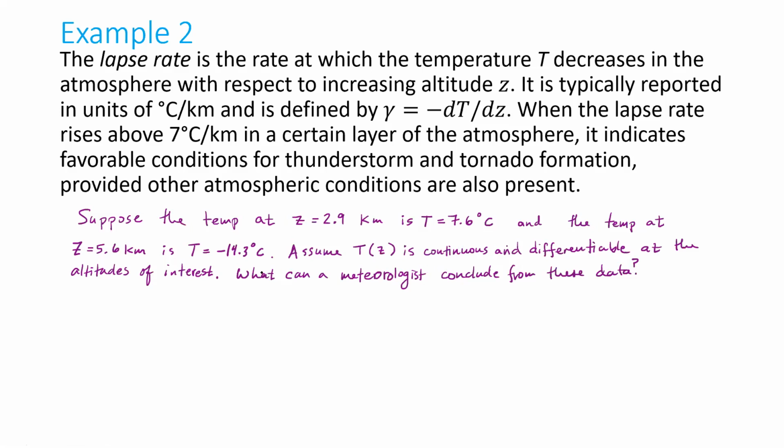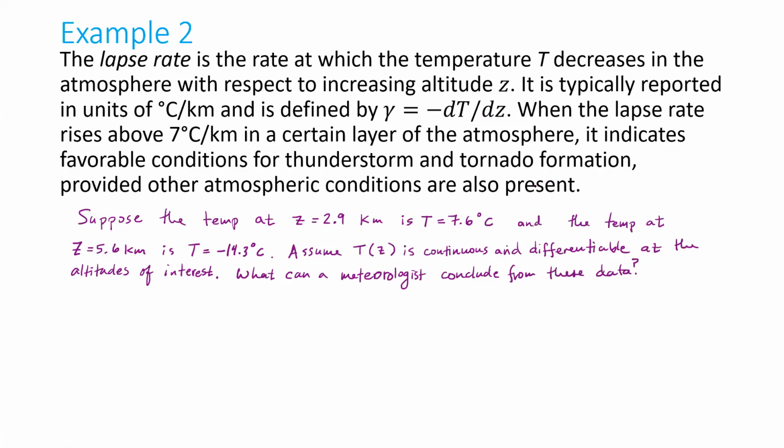Okay, so anyways, coming back to the problem here. Let's remember, we're defining the lapse rate to be the negative derivative of temperature with respect to z, and we know that if this goes above 7 degrees, then we're looking at the possibility of there being favorable conditions for a thunderstorm and tornado formation, right?